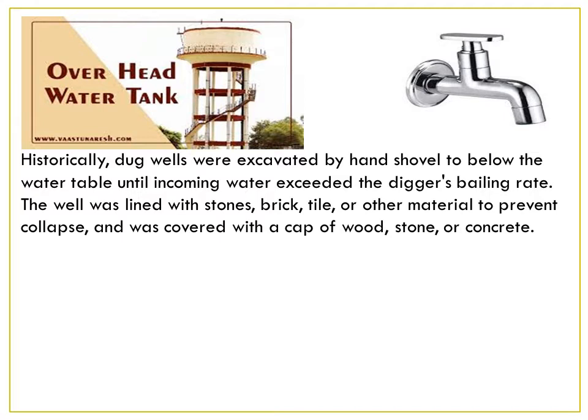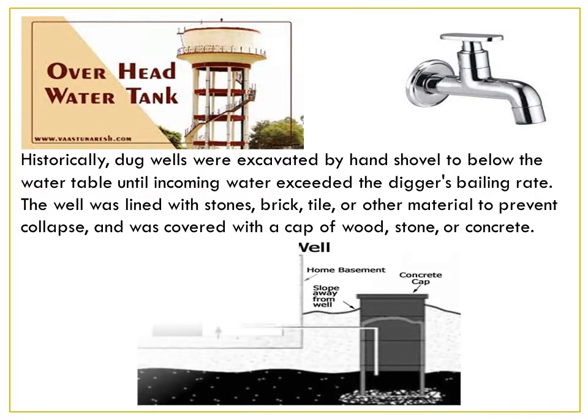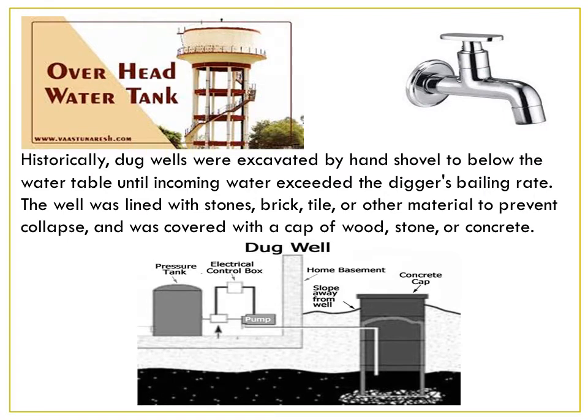So, how did we used to dig the wells? We'll see that. Historically, dug wells are excavated by hand shovel to below the water table until incoming water exceeded the digger's bailing rate. Understood? With the hand shovel we dig below the water table so that the water should come in the well, and then we put a rope, we put a bucket and put it inside the well down, isn't it?